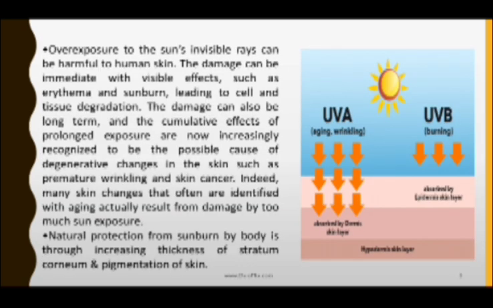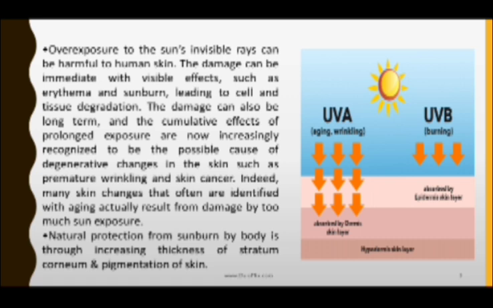Overexposure to sunlight's invisible rays can be harmful to human skin. The skin can be damaged, with intermediate visible effects such as erythema and sunburn, leading to cell tissue degradation. The damage can also be a cumulative effect of prolonged exposure, now increasingly recognized to be a possible cause of degenerative changes in skin, such as premature wrinkling and skin cancer.